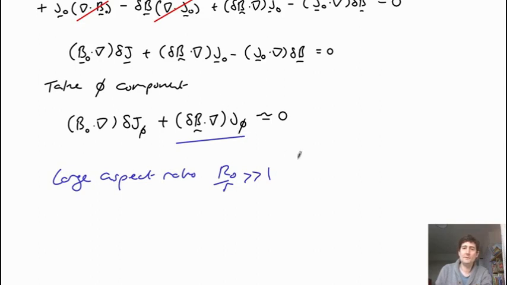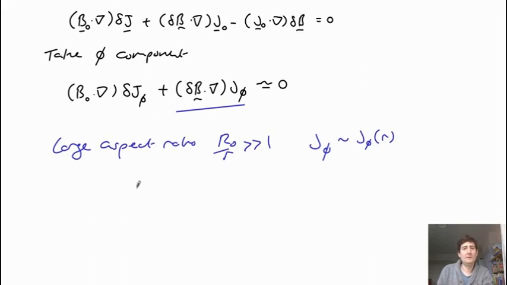What we have is that the J toroidal current is only dependent really on radius. So it doesn't depend on the poloidal angle. In a torus, when you bend this around into a torus, the current will be different on the inboard side and the outboard side.